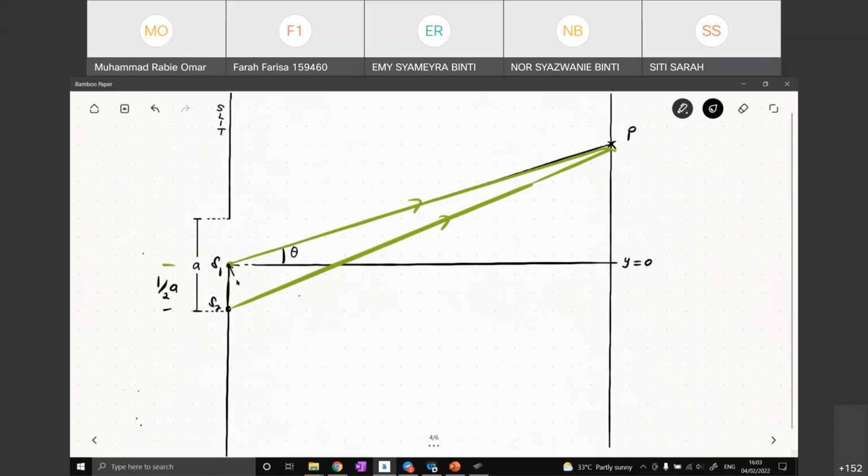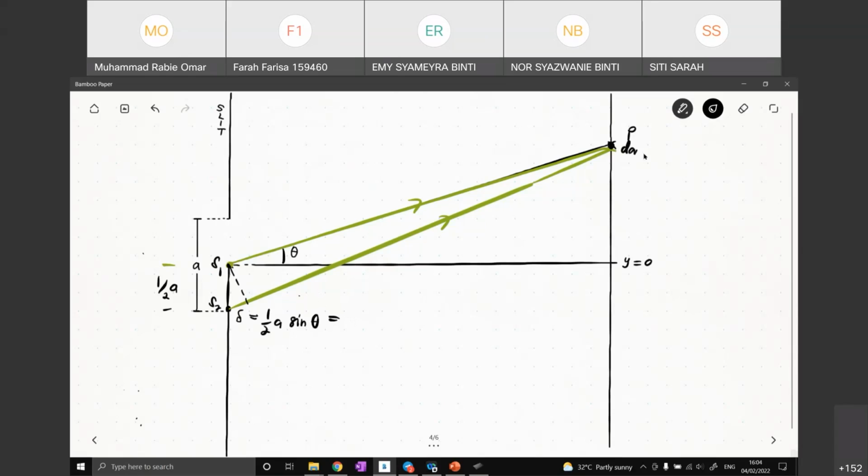Then if I draw another one, which is over here, this is our path difference, which equals half of A sine of theta. It should be a multiple of half of lambda in order to achieve the dark position.